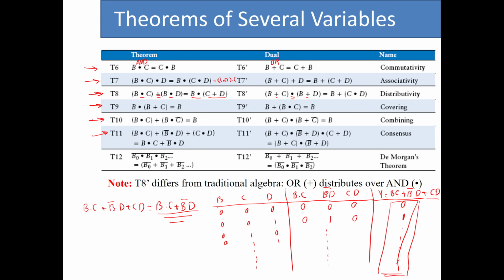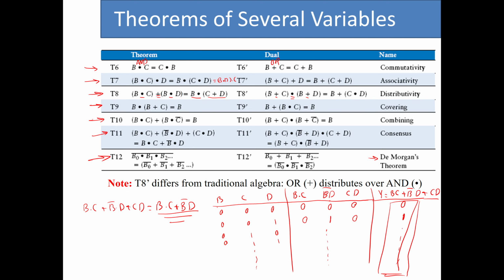And then finally we have T12, which is called the De Morgan's theorem. And probably out of all of these, this is one of the most famous ones, or the most important one. And it is clearly obvious because all of the before ones had descriptive names, but this one has, I would say, a more specific name.